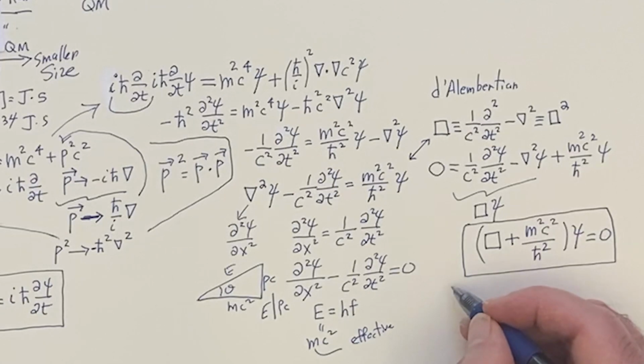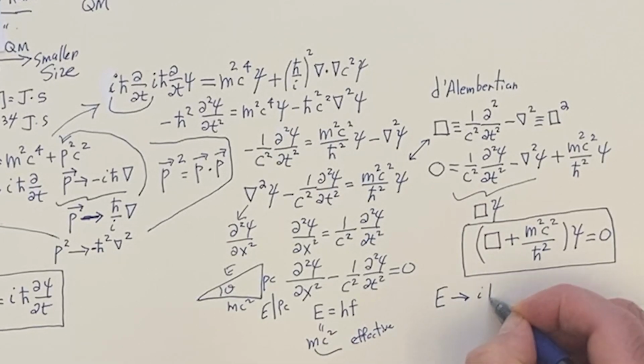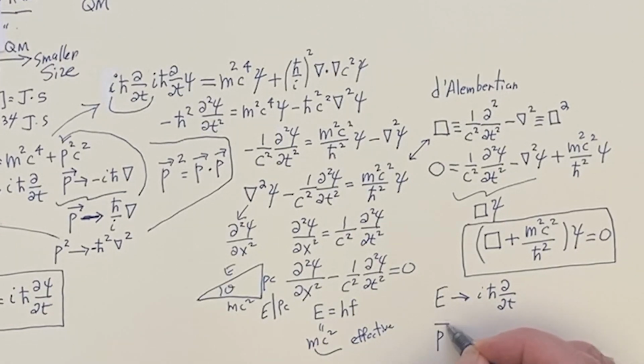And we're not going to pursue this. We're going to go to the Dirac equation. But what you would do is, when the energy got replaced by this derivative and the momentum got replaced by this, you would add, say, the potential energy.